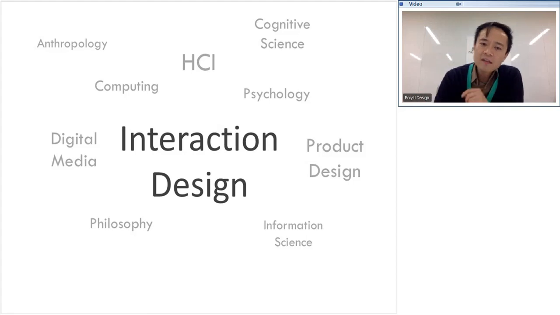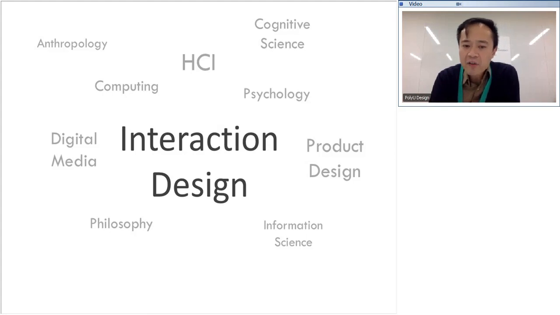And then we know that with the advent of computers and also advances of multimedia interactive technologies, we have everything turns to digital. So we have digital media. But of course, we could not afford to overlook other areas related to digital and information technology, like information science, cognitive science, and computing.